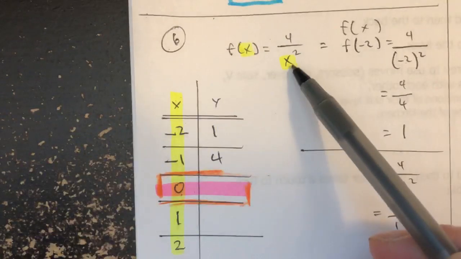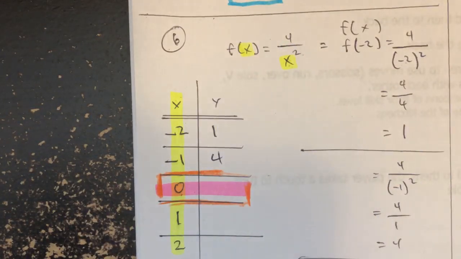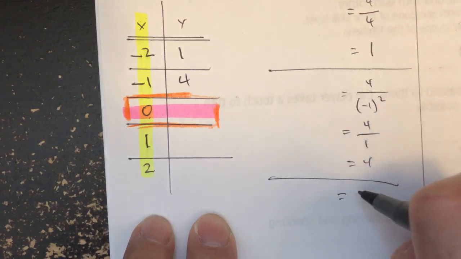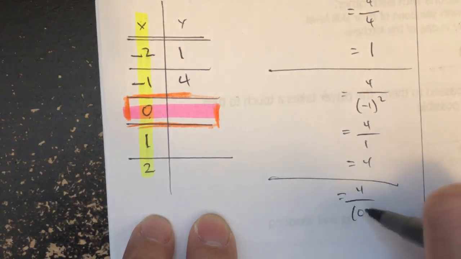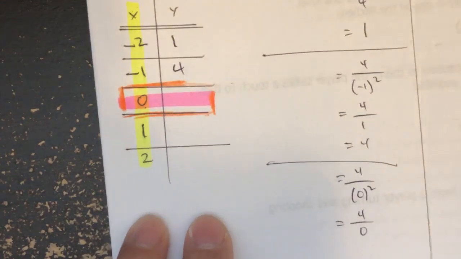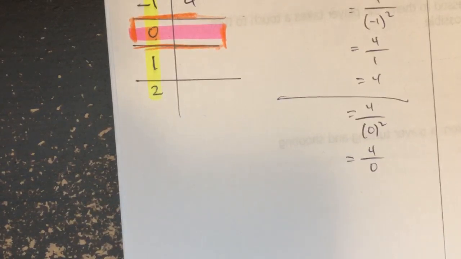If you put in 0 here, 0 squared is 0. 4 divided by 0 is undefined. Let's do that because that's such a big idea for what we're learning. It's one of the biggest ideas of this whole test. 0 times 0 is 0. And this is a mistake for students. And I do allow you to have calculators.